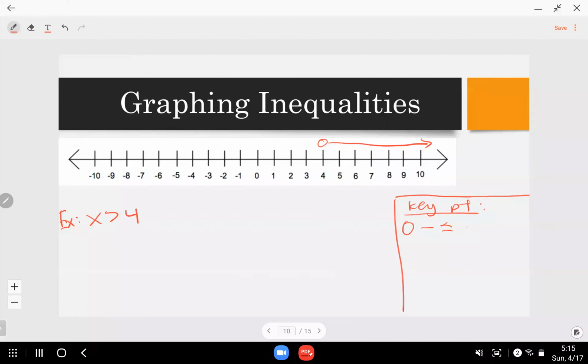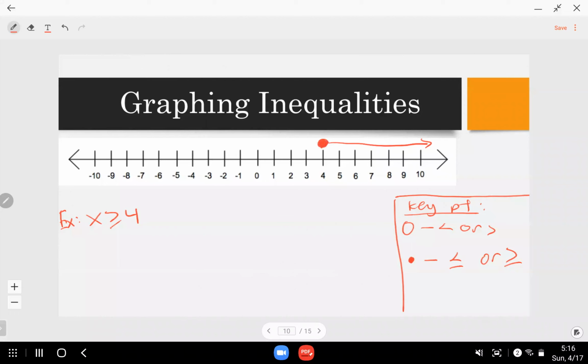The closed circle is for less than or equal to, or greater than or equal to. So if I made this x is greater than or equal to 4, then this is a closed circle. So you have to distinguish between the circles.